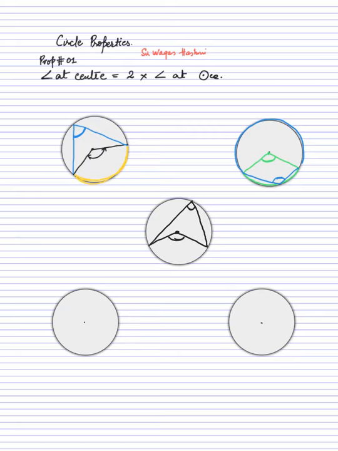Both angles are facing the same arc length. Now there are two important things. First, the angle is at the center, next, the angle is at the circumference, and they both are facing the same arc length. Then you can apply this property, which states that if the angle at center is 2a, then the angle at the circumference will be a only.